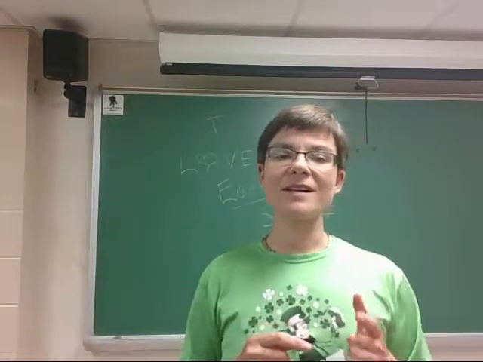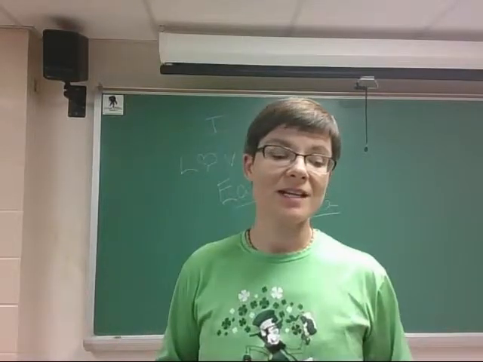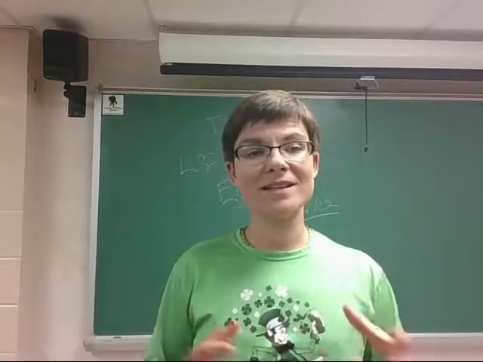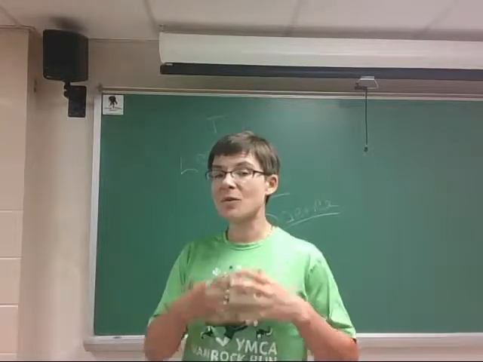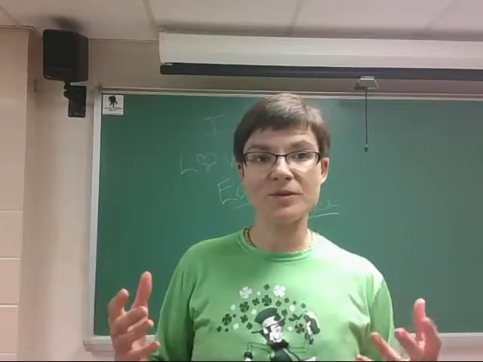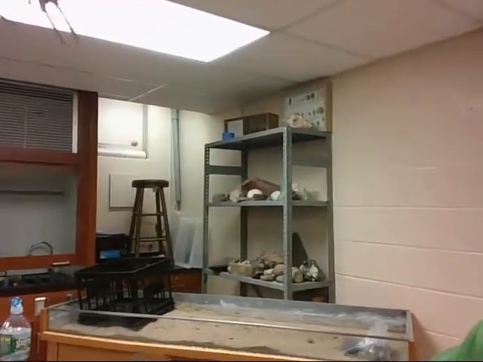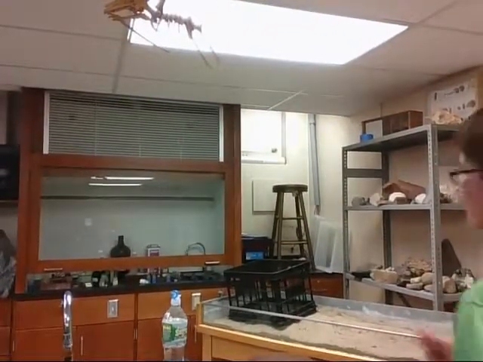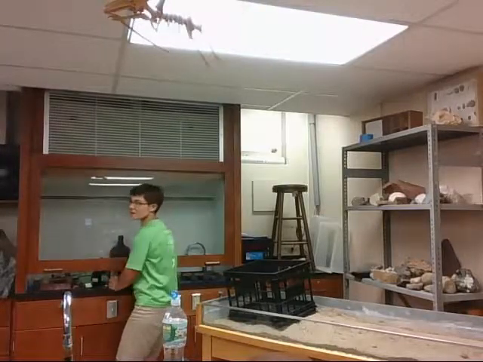Now, what makes earth science different from other kinds of science such as physics and chemistry is that it's not necessarily a laboratory science. We do laboratory experiments in earth science, but most of earth science takes place outside. In physics and chemistry, to do an experiment you go over to the fume hood over here, and you take a bunch of chemicals, and you play with the chemicals all inside your lab.